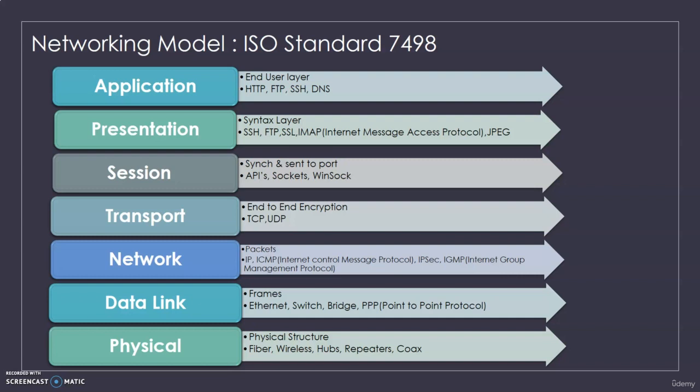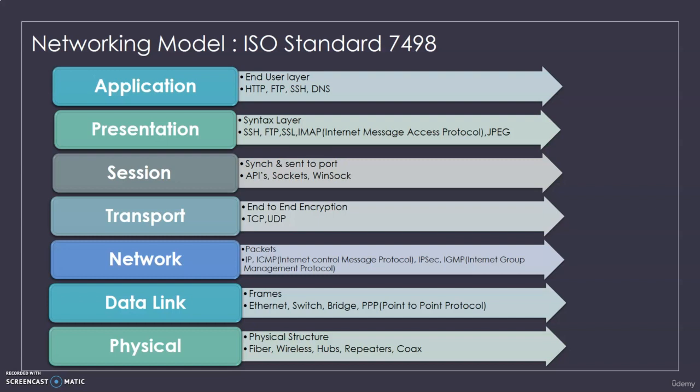ISO 7498 especially applies to us because it defines where we can put security into the OSI model. Now we don't really use OSI so much practically every day, but it is a very good reference because it allows us to describe in an agreed upon format how communication functions work.